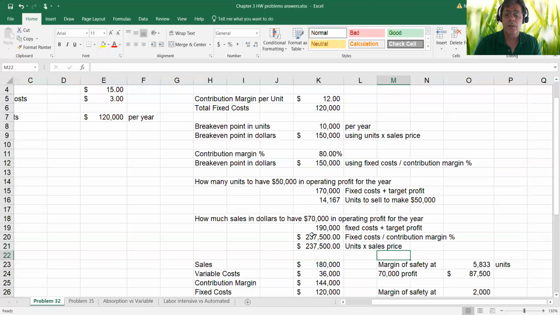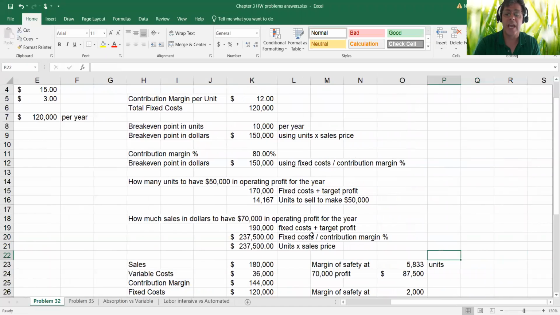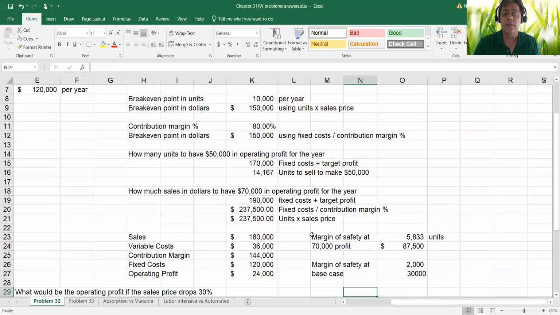Now, the question then asks for margin of safety. But in looking at this, realize that it's not clear at what level you were being asked to calculate the margin of safety. Was it at the level to make a target profit of 70,000? If so, your margin of safety is 5,833 because the number of units you're selling is 5,833 more than your break-even point of 10,000.